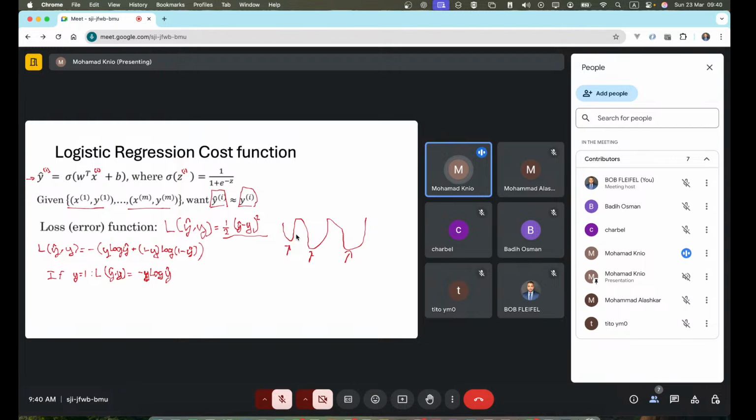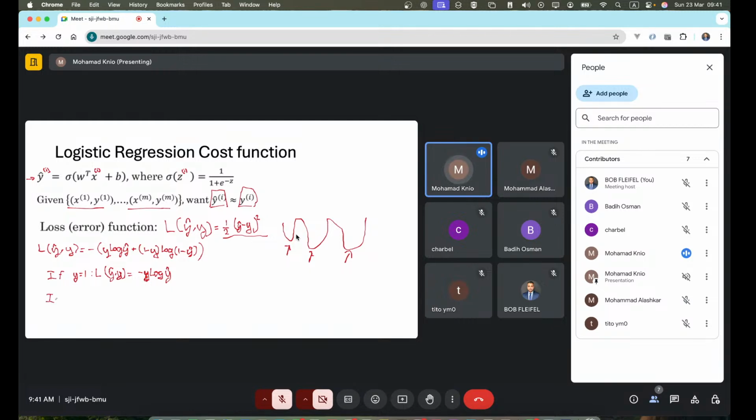For y hat to be large, we'd have as much of a negative number as possible. But again, remember, y hat will only be between 0 and 1. So the lowest number we can have for y hat is 0, and the maximum is 1.